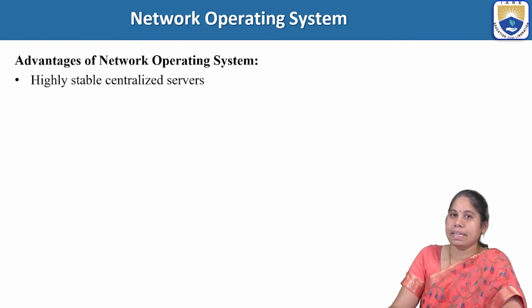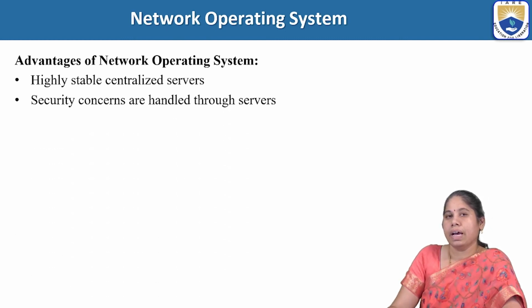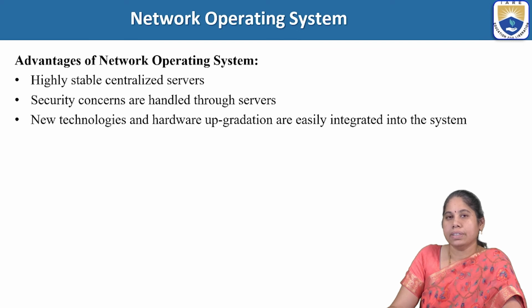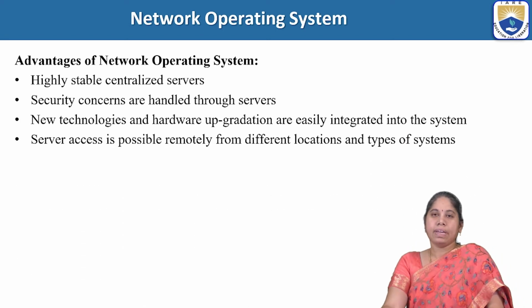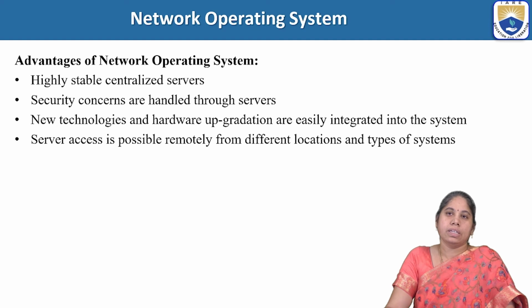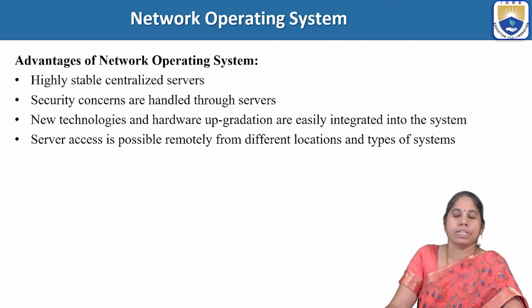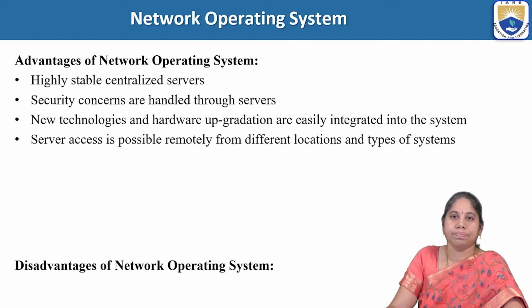These are highly stable centralized servers, security concerns are handled through the servers, and new technologies and hardware upgrades are easily integrated with the system. Server access is also possible remotely from different locations and types of systems.